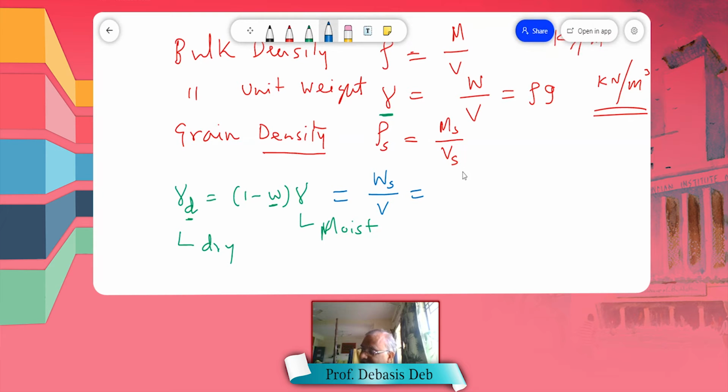I'm writing it. Ws by V. From this definition, we can replace V by W by gamma, right? So this becomes gamma into Ws by W, right? Now what is Ws by W?